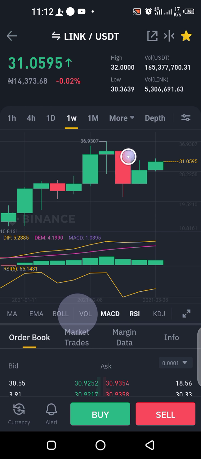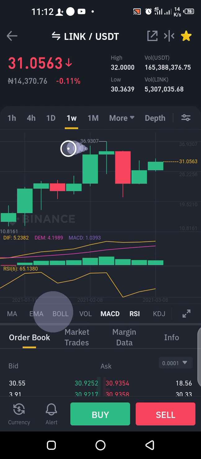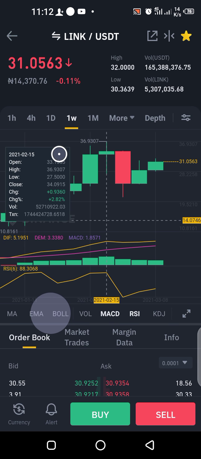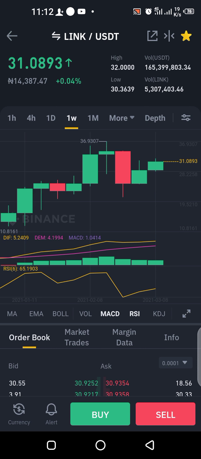Now you can see the following week was bearish, true. Now, when you use your indicator with this, you can see the MACD, the volume was high at that level. The volume was high at this level.